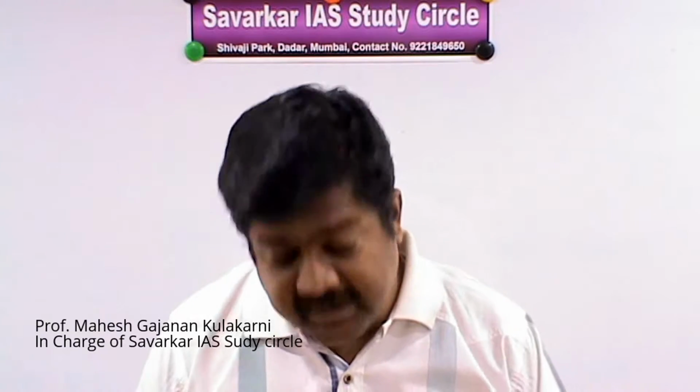Fifth, minerals. Sixth, we are calling as vitamin, but actually vitamins are part of protein. Chemically they are considered as protein only, but we are keeping them separately. The seventh component is actually there in food.